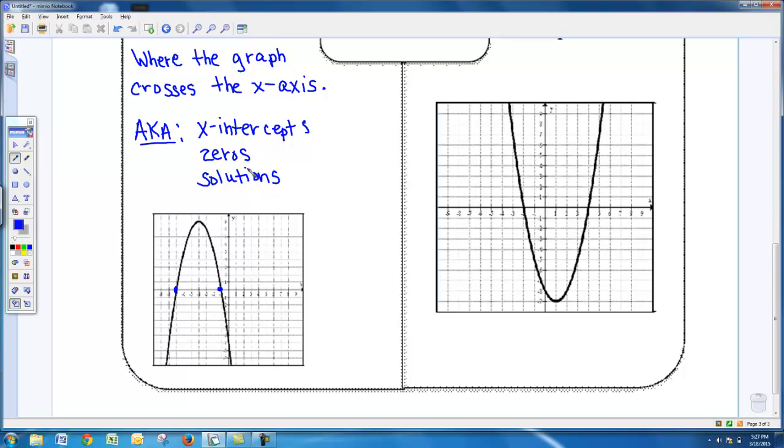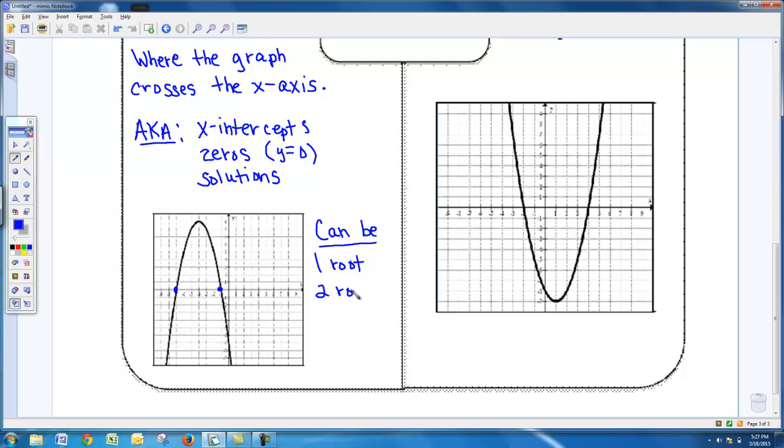Why do we call them zeros? Because they are on the x-axis where the y-coordinate is always 0. So the y-coordinate of the root is always 0. A parabola can have one root, meaning it touches the x-axis one time.